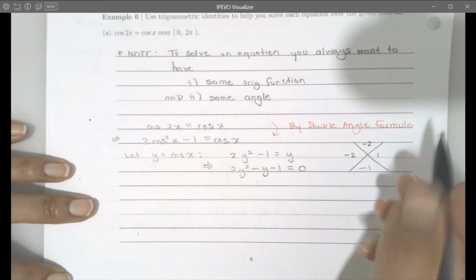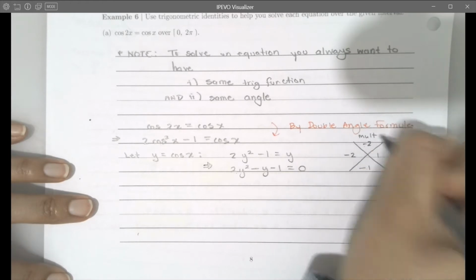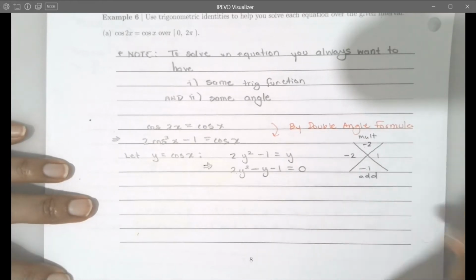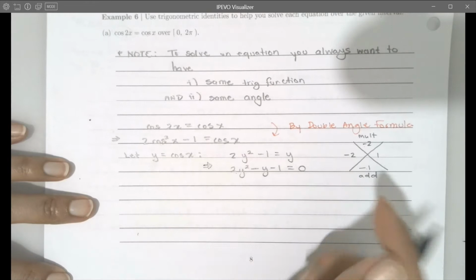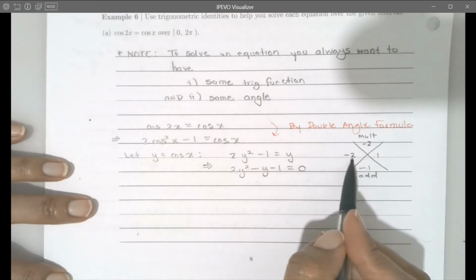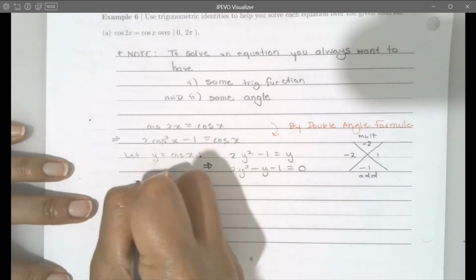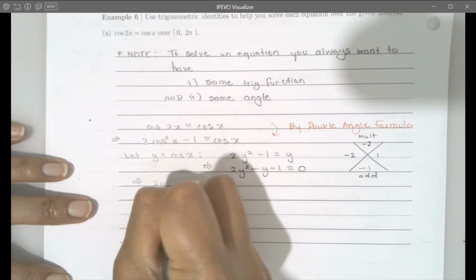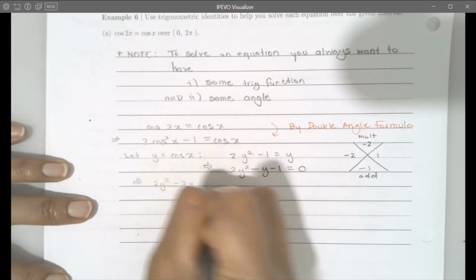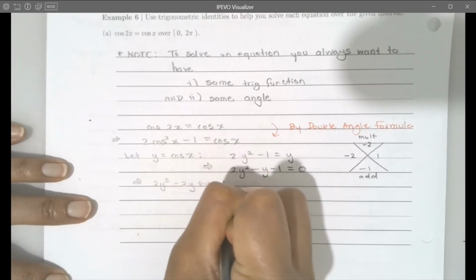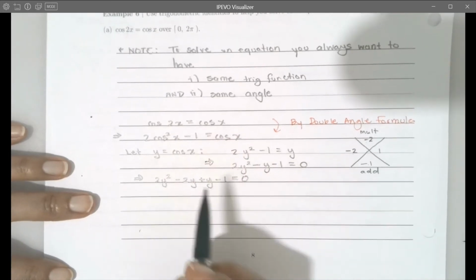So now that we've found those two numbers, and let me just write this here in case you're using it as reference later, we can write this middle term as the sum of these two terms. So we're going to get 2y squared minus 2y plus y minus 1 equals 0.